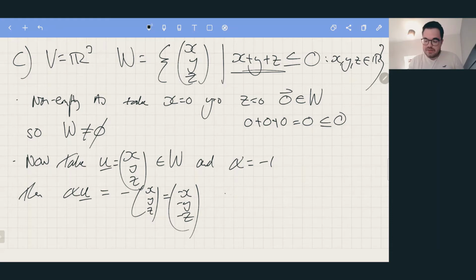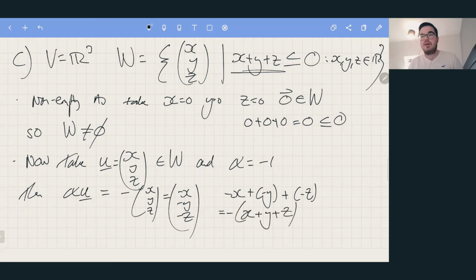If I check negative x plus negative y plus negative z, that's going to be the same as if I take a negative out as a common factor, negative of x plus y plus z. Now, x plus y plus z has to be less than or equal to 0, because the vector u is in W. So this thing here is less than or equal to 0.